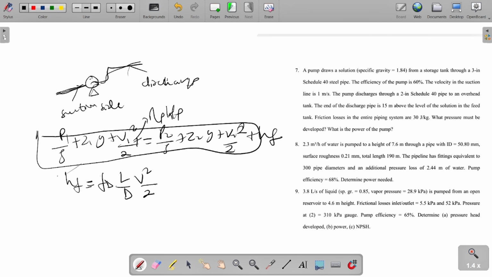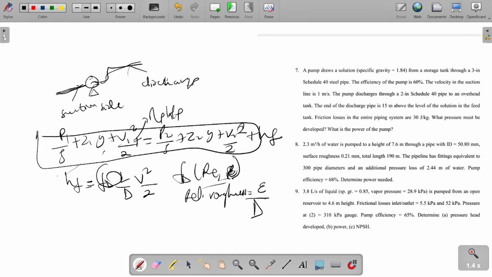Since we want to use the Darcy-Weisbach equation, that means we need the FD. If I want to get the FD, that's where I have to use the Moody chart, right? So the FD would depend on the Reynolds number and the relative roughness, where the relative roughness will be equal to the absolute roughness divided by the diameter.